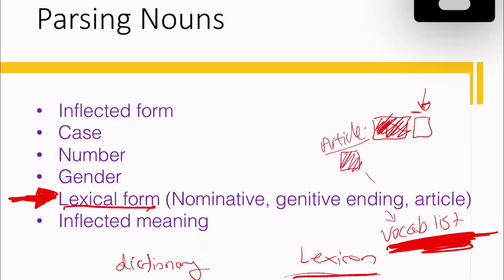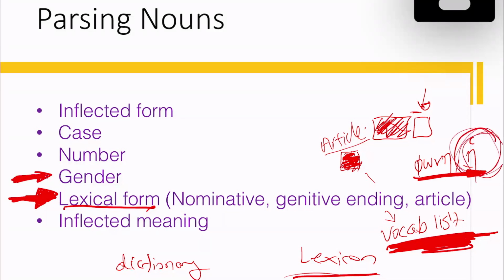Remember I said to you, you'll always have in a vocab list phone, and then you'll always have the article hey next to it. And so I need to think about, okay, what is the article that goes with this? Because that's going to tell me the gender. Hey is always feminine. So I know that phone is going to be feminine.